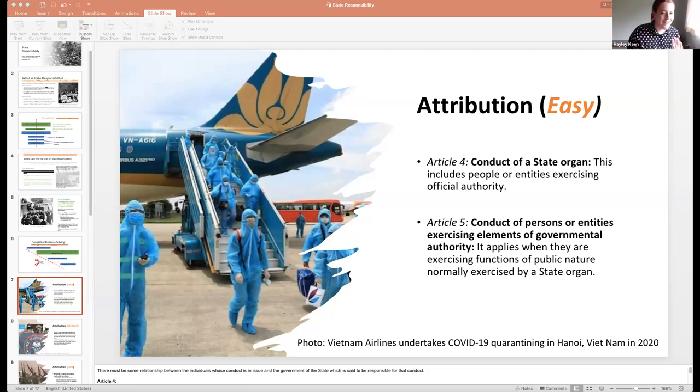Then I think it's getting harder to do attribution with these two activities. These are state organs that are at the disposal of another state. So you're picked up and given to another state with their consent to assist after an emergency or in a pandemic or that kind of thing. And the responsibility shifts from that original giving state.